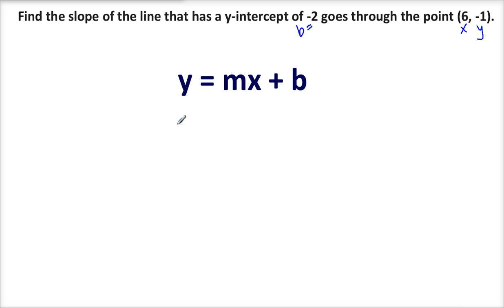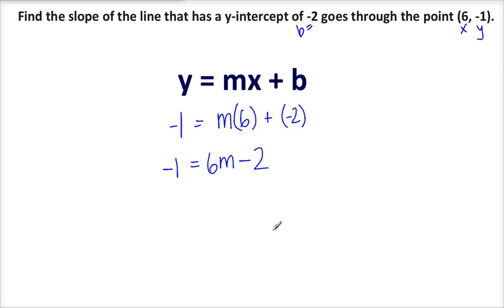Let's plug those into the equation, and we have negative 1 equals the slope, which I'm trying to find, times x plus b, which is a negative 2. Let's rewrite this so it looks a little bit cleaner. We have negative 1 equals, I like to do the number in front of the variable, it looks nicer that way, 6m, and then plus a negative 2 is the same thing as subtracting 2.